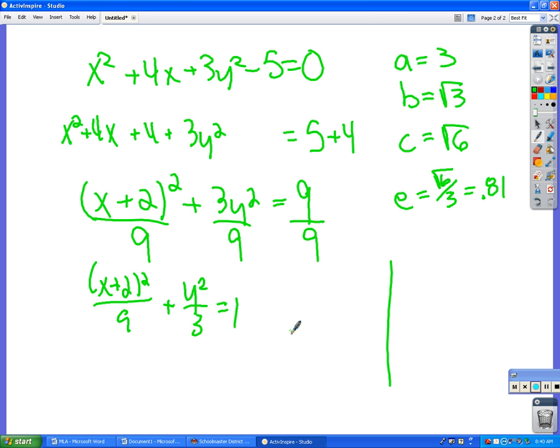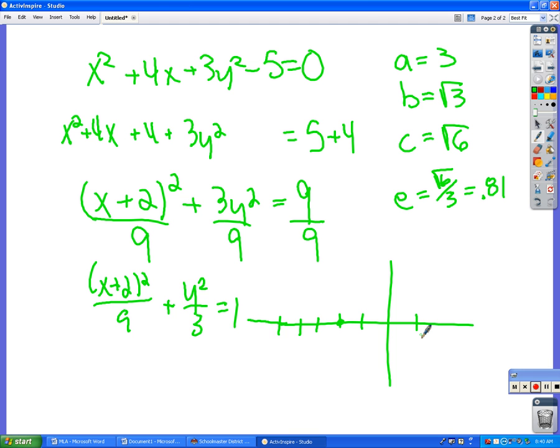And so we can graph it just to see. Where's the center? Negative 2, 0, because it's x plus 2, so the x coordinate is negative 2. It's y plus 0, so the y coordinate is 0. How far do I go to the left and the right? 3. 1, 2, 3. 1, 2, 3.